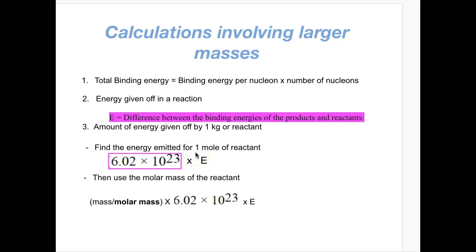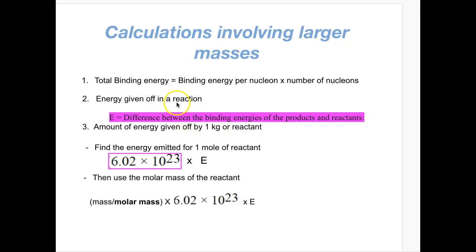We're not dealing with molecules or atoms, we're dealing with nuclei. So if we want to find the amount of energy given off by 1 kilogram, we start off by finding the amount of energy given by one nucleus, right? Or one reaction, just like in the previous question.